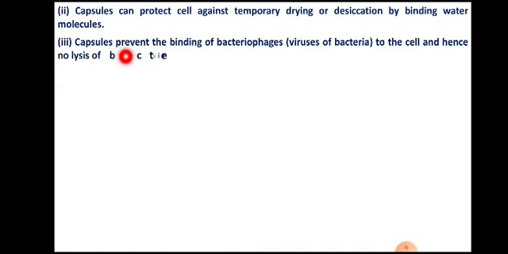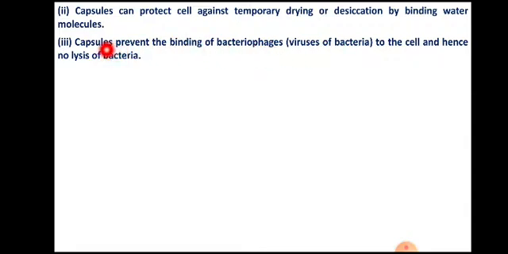Then the third function is again protection. The presence of a capsule ensures the protection of bacterial cells from getting infected by viruses. The viruses of bacteria are called bacteriophages.